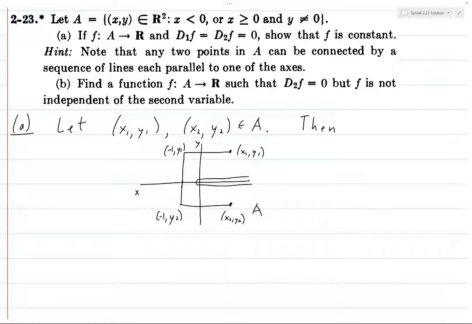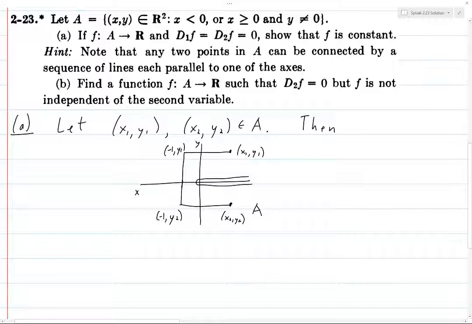If one of the points is on the x-axis, so y equals 0, then x is less than 0, and you're somewhere over to the left here, and so this will work.